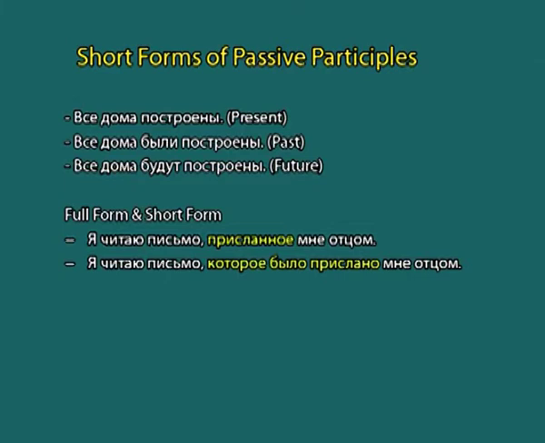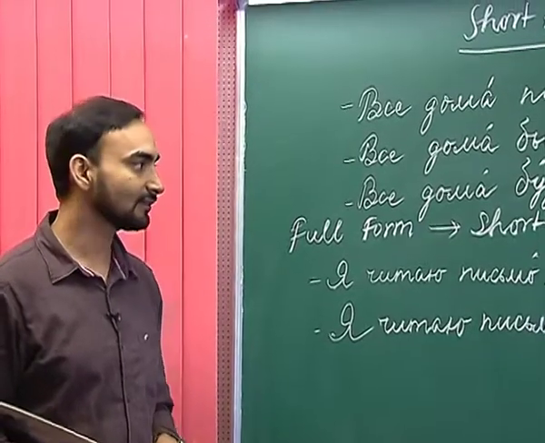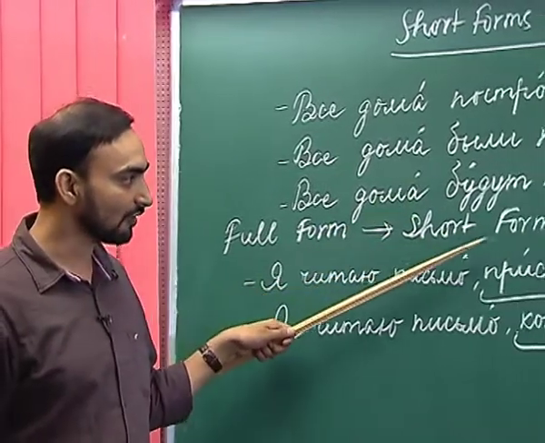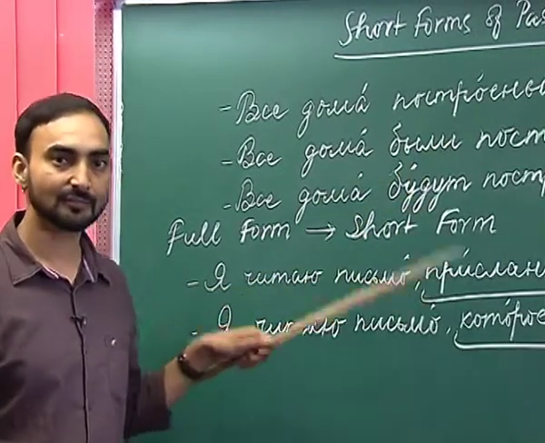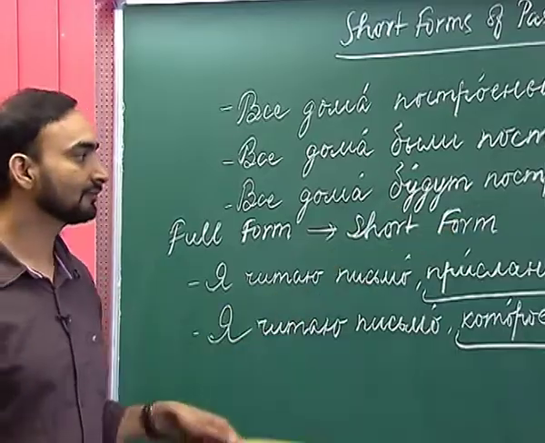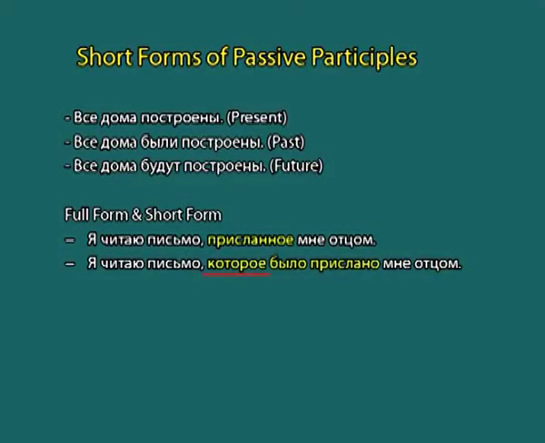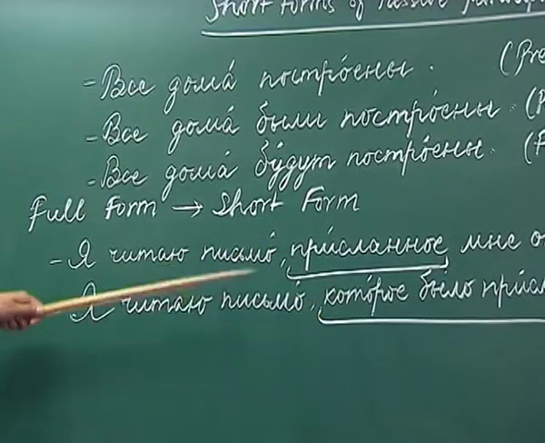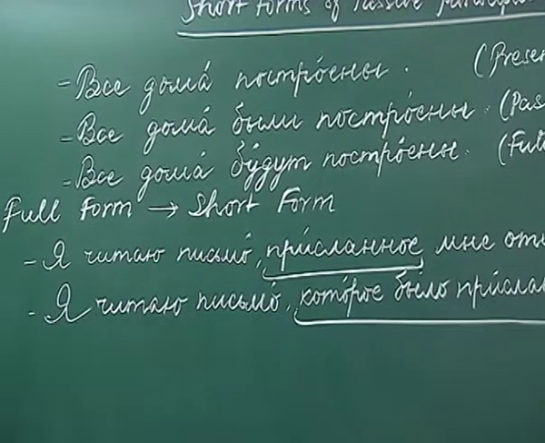Now, one more important point here is you can replace the full form of passive participles, past participles passive, with the short forms of the same participle using the word katore. So, how do we do that? Let us look at the example.